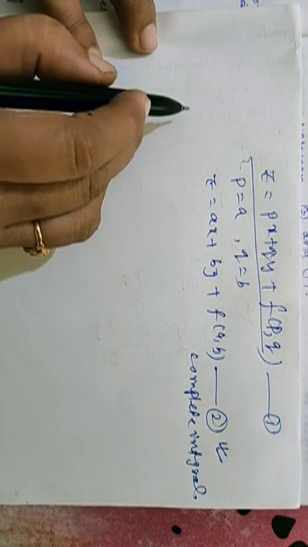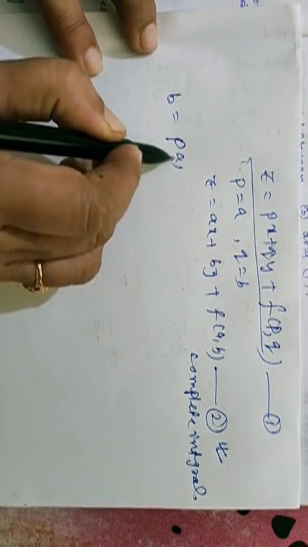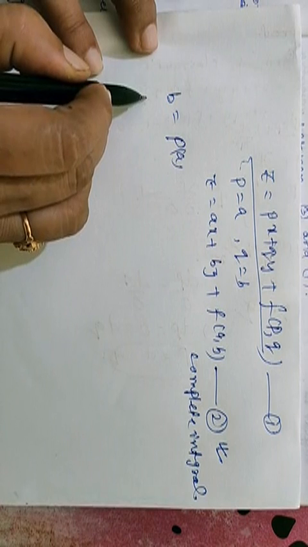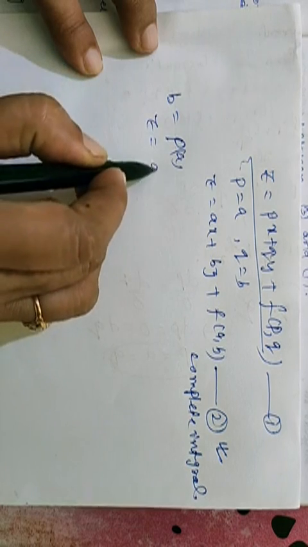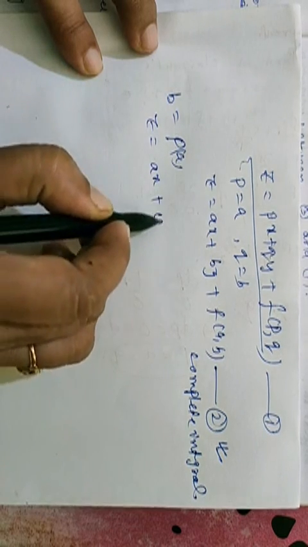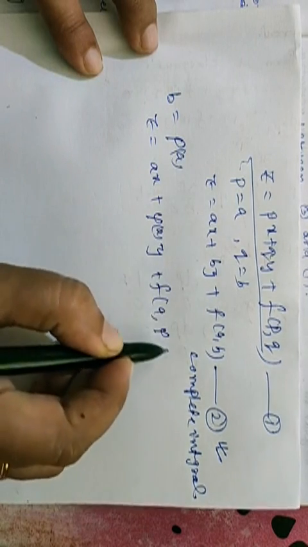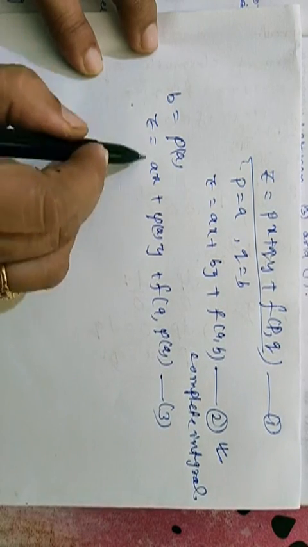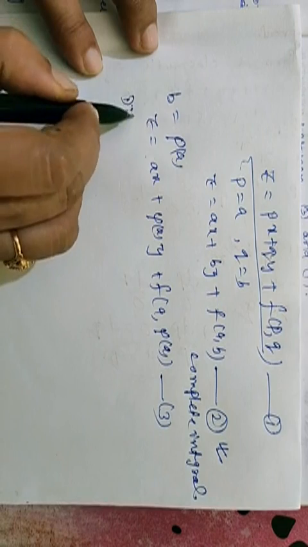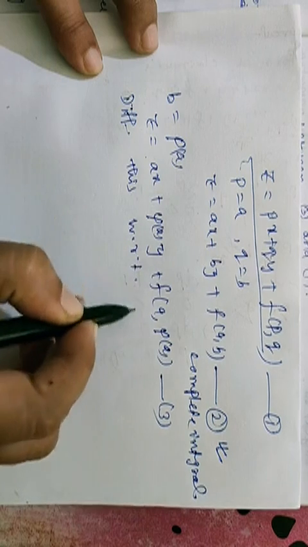Then what we will do is put b is equal to phi(a). So equation 2 becomes z is equal to ax plus phi(a)y plus f(a, phi(a)). This is 3. Differentiate this with respect to a.